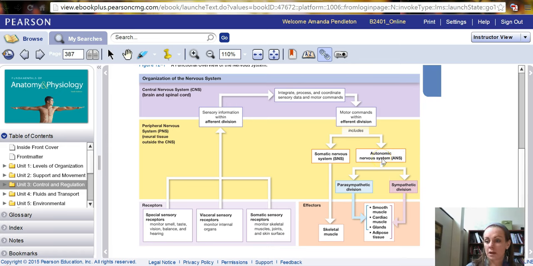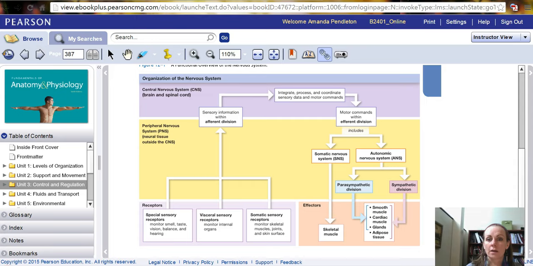As we look at these regions of the spinal cord, we're going to be talking about those four distinctions: sensory, both somatic and visceral, and motor, both somatic and autonomic. So make sure you go back and review those in chapter 12 if you do not remember those concepts.